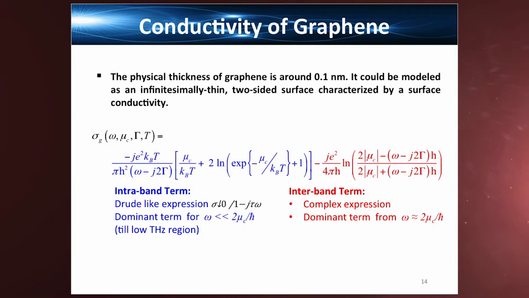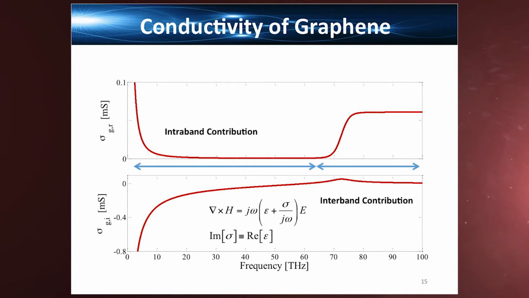As you can see, the conductivity of graphene is a function of frequency, chemical potential, scattering rate, and temperature. But in electromagnetic simulation, we set all the parameters constant, and the only parameter is frequency.